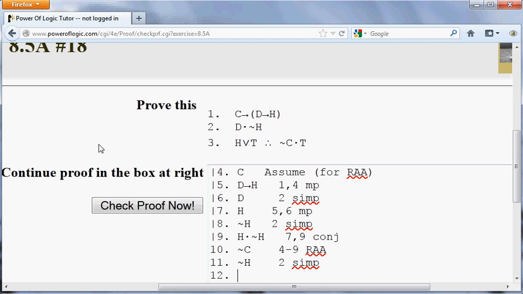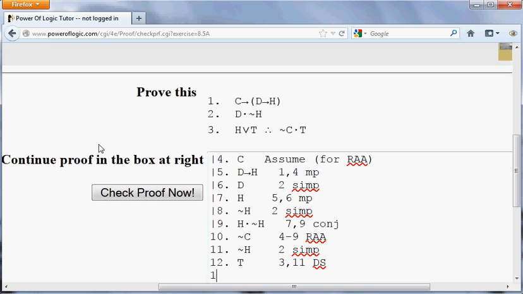But now line 11 does follow from a premise of the argument. Line 3 is a disjunction, H or T. Line 11 is not H. So by disjunctive syllogism of 3 and 11, I get T.